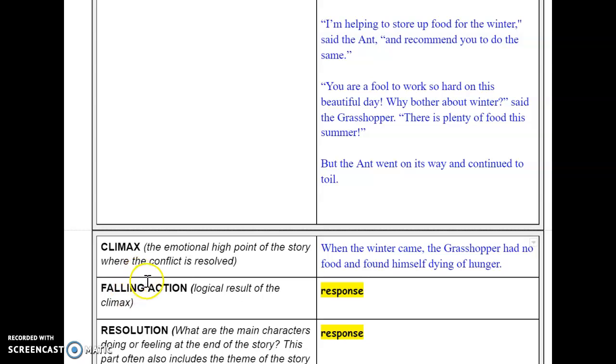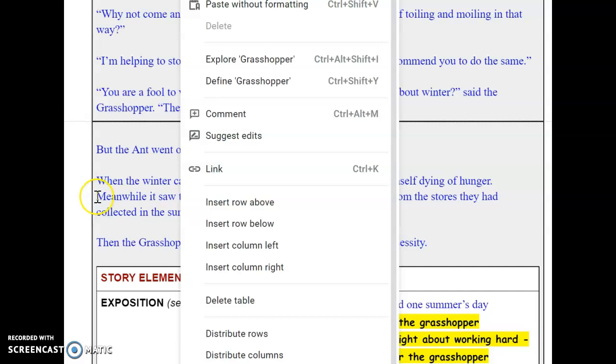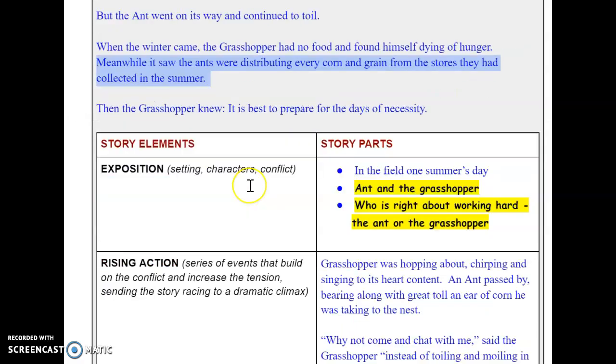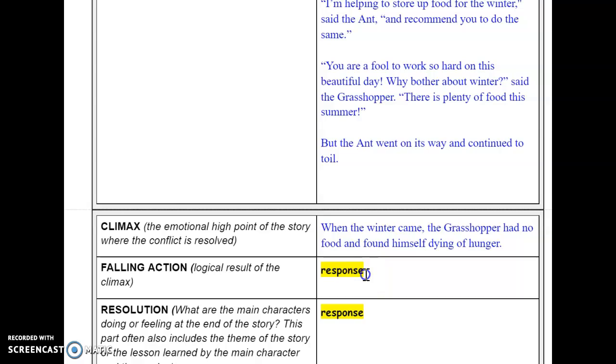The falling action happens after the climax. So after he's dying of hunger, it says, "Meanwhile, he saw that the ants were distributing every corn and grain from the stores they had collected that summer." So I'm going to take that one, and that will be a falling action.